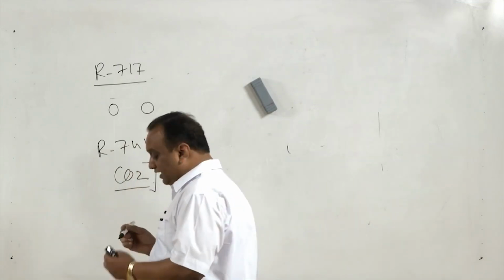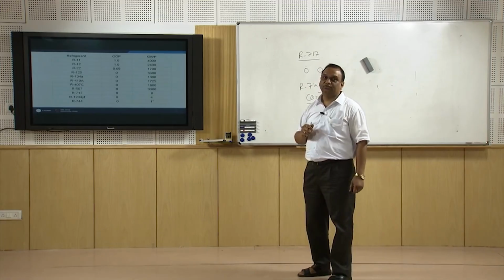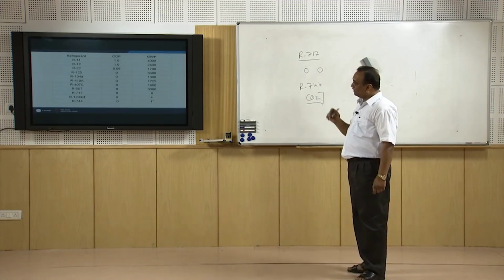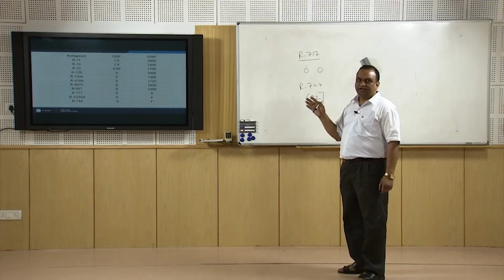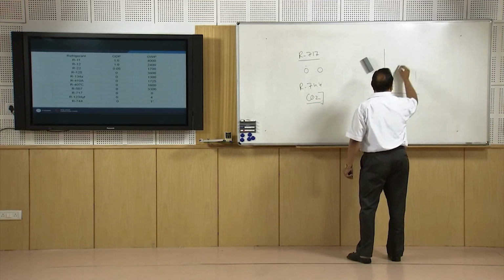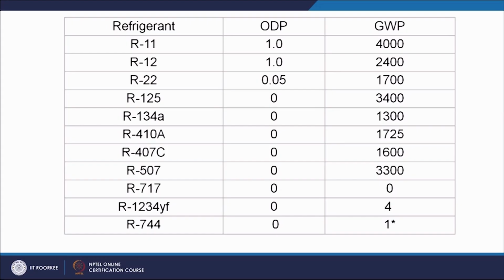But carbon dioxide is a high pressure refrigerant, but still the possibility of its use in mobile air conditioning is being explored. Otherwise, if we use it at a normal temperature, the cycle becomes a transcritical cycle. But for low temperature applications, this R744 can be used.